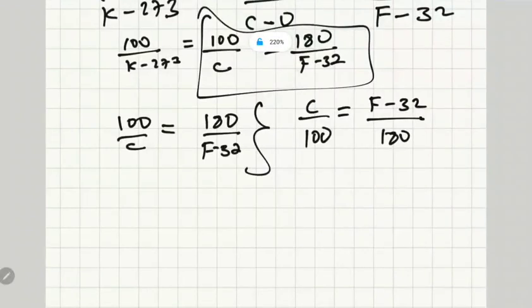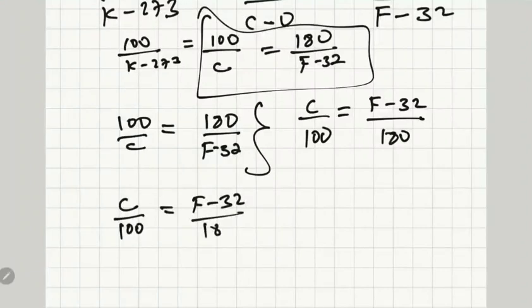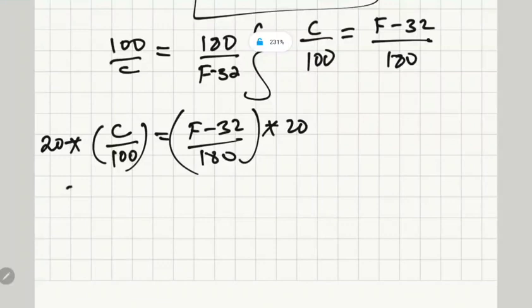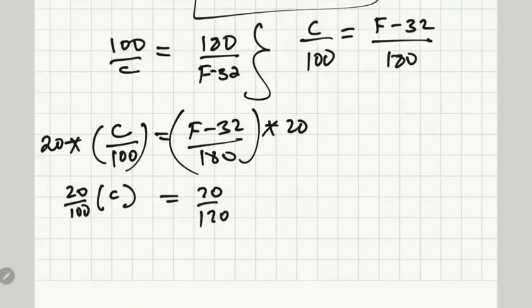Now, to simplify this, let's multiply both sides by 20, because the greatest common factor of 100 and 180 is 20. Okay, now we have 20 over 100 of C is equal to 20 over 180 of F minus 32.